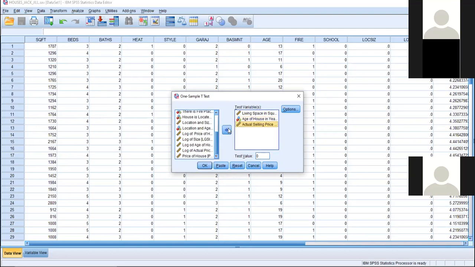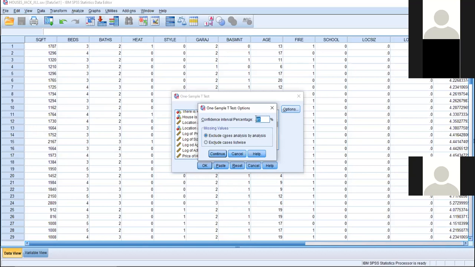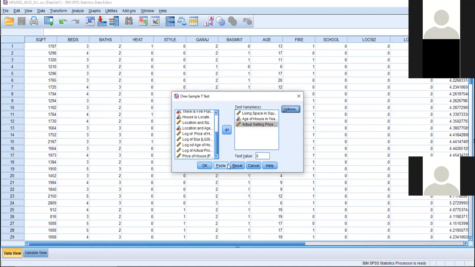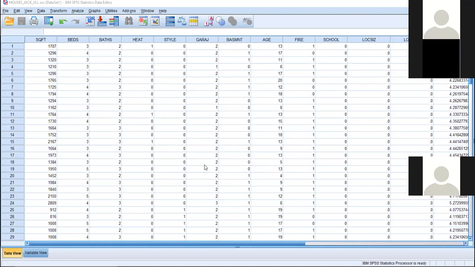So I'm going to do 3 confidence interval estimates. And so I'm going to do a 99% confidence interval estimate. Here you have your confidence interval. Right there, 99% confidence interval of living space, of age, of selling price. 3 variables.